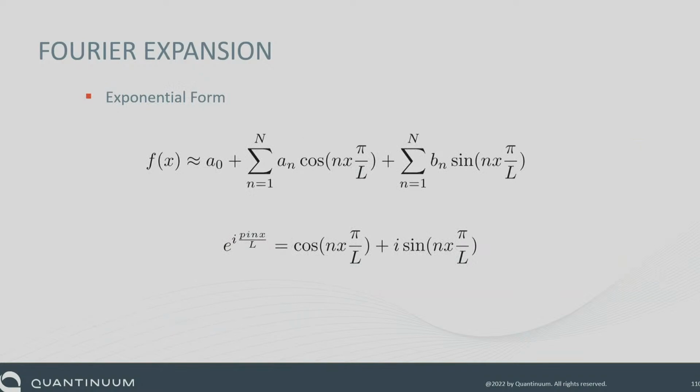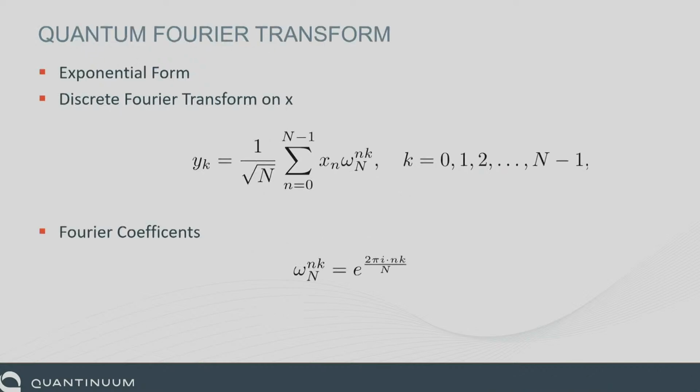You can take this sine cosine sum, and you can always form an exponential of that. That means your Fourier expansion can be represented as a sum of exponentials, where the exponentials have a specific power relation.